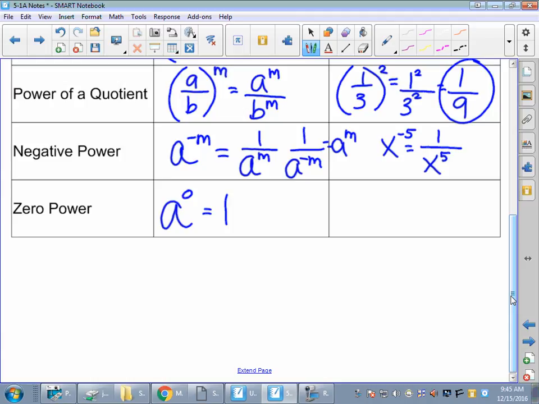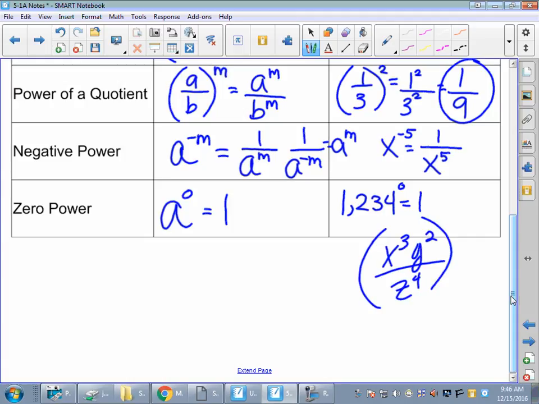And so if I have a huge number raised to the 0 power, it's equal to 1. If I have an entire quantity, x cubed y squared over z to the 4th, and it's all raised to the 0 power, then it all turns into 1. I can explain that a little bit more tomorrow in class as to why that happens, but it's just something you're going to have to memorize at this point.